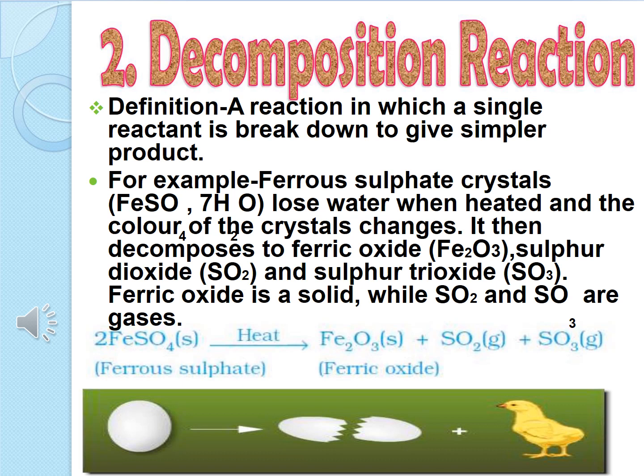For example, ferrous sulfate crystals lose water when heated and the color of crystals changes. It then decomposes to ferric oxide, sulfur dioxide and sulfur trioxide. So the reaction is 2FeSO4 on heating gives Fe2O3 plus SO2 plus SO3.